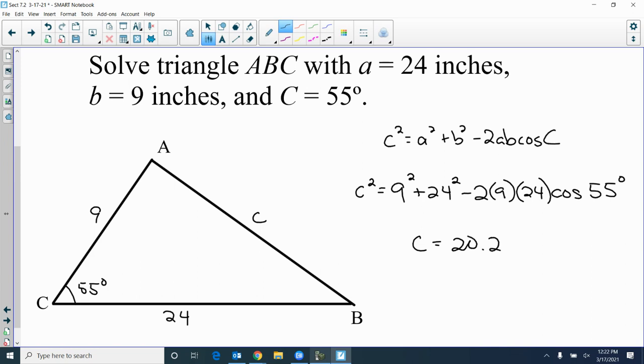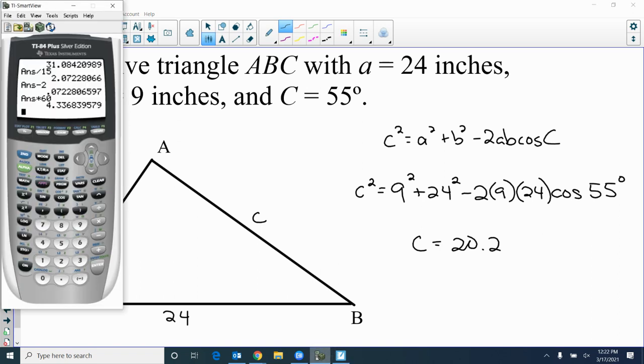All right, I think that's right. We agree? You've got to make sure you take the square root. So you have to do 9 squared plus 24 squared minus 2 times 9 times 24 cosine 55, and then square root.